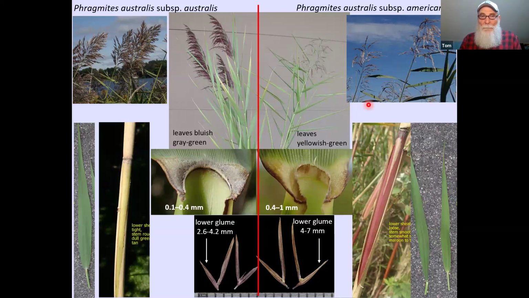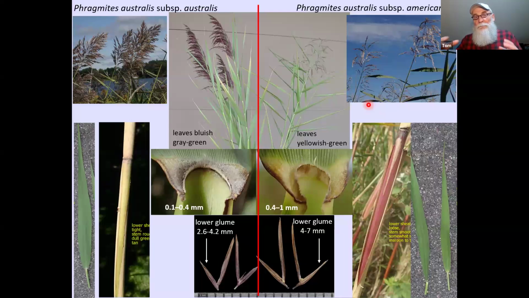It certainly is in the Midwest. You can certainly find populations. I was asked to look at a population in Ames not too long ago and confirmed it was the European subspecies. So this is another one that we need to be on the watch for because, pretty much like reed canary grass, the European subspecies in North America is very aggressive and can form very, very dense stands.